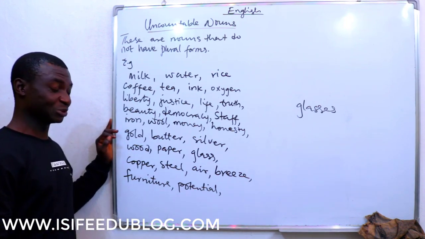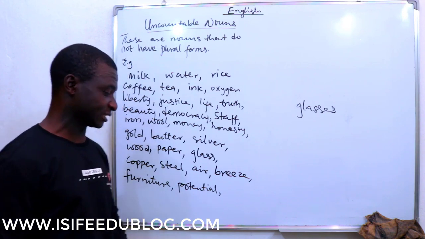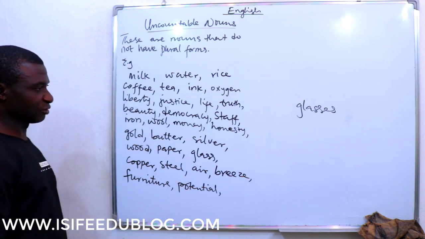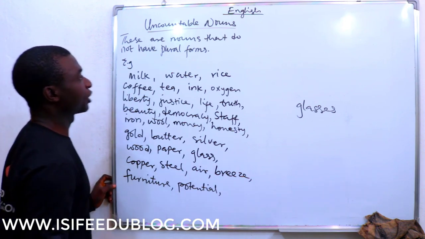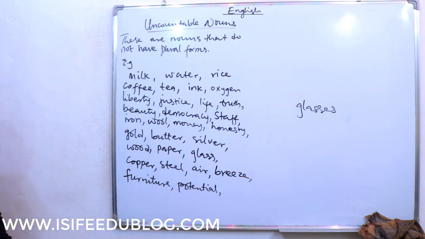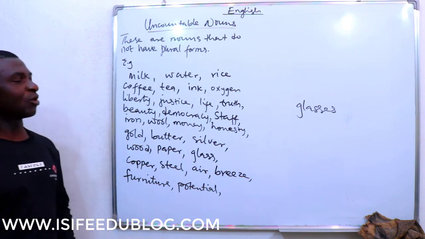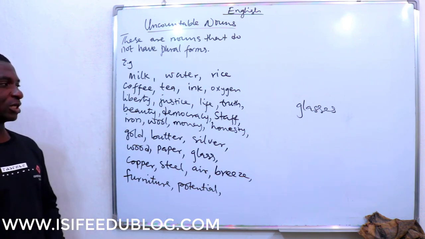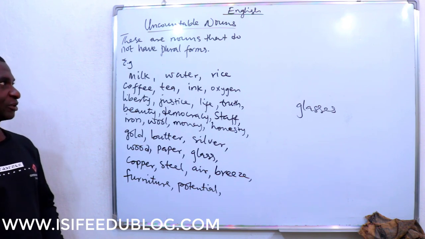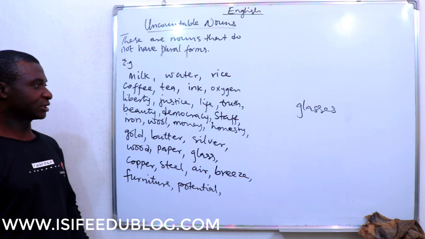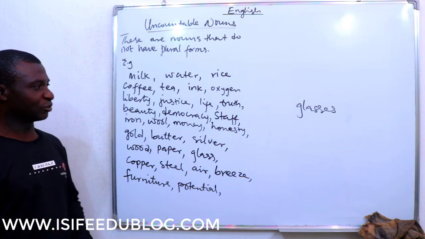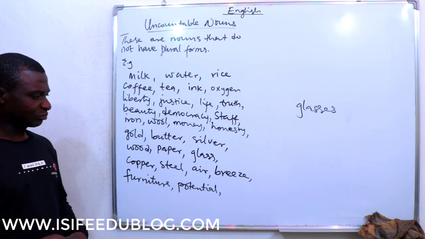I think potentials can only be used in physics when you're talking of the electric field, but that's not here. Okay, so that's the uncountable nouns, whichever you prefer. We are looking at nouns that do not have the plural form.